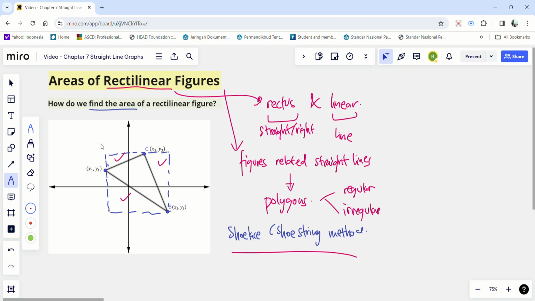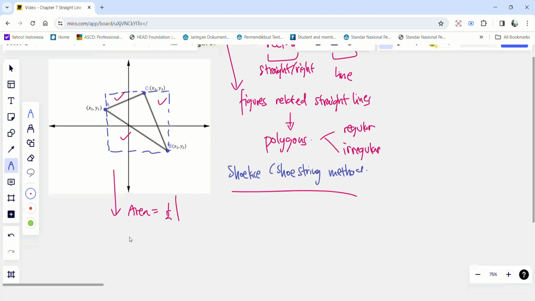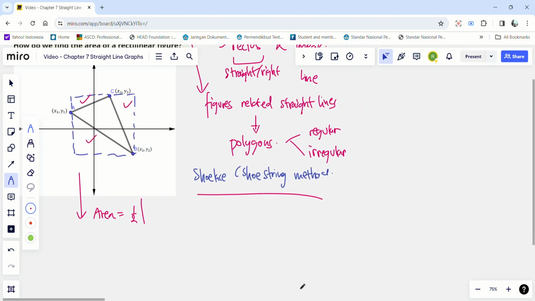So for the shoelace or shoestring method, I'll put it as a formula here: the area is half times this, which is called the determinant, something you will learn only in vector matrices some time later. I will have to write the coordinates either anti-clockwise or clockwise, so it's your choice.